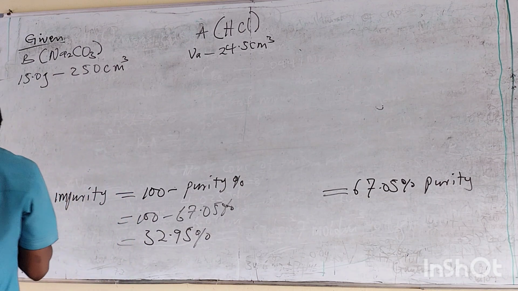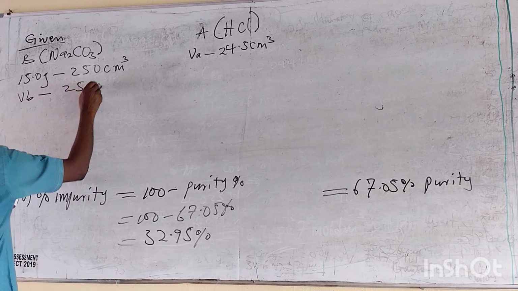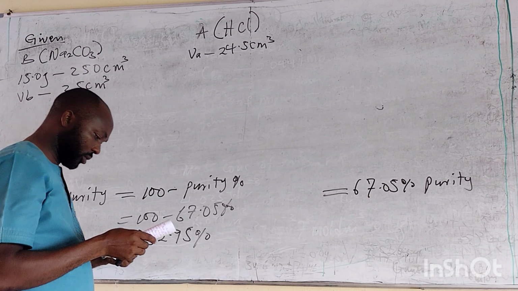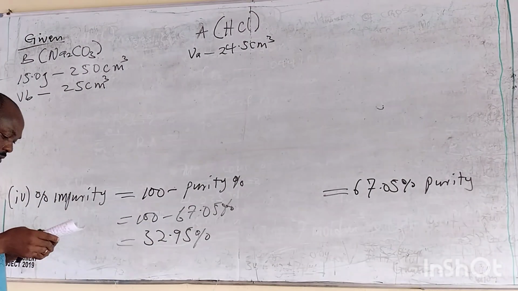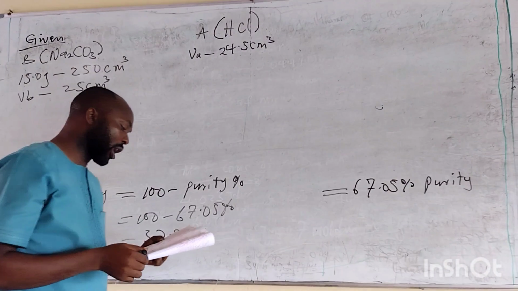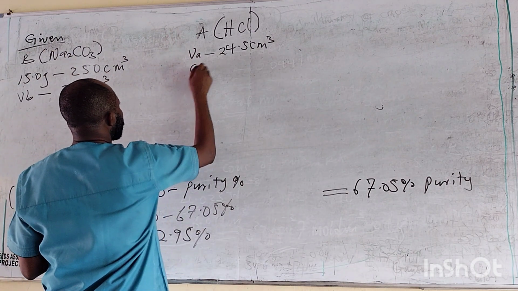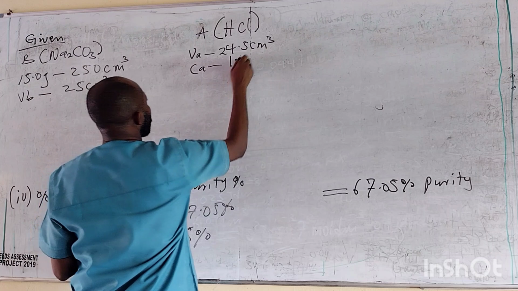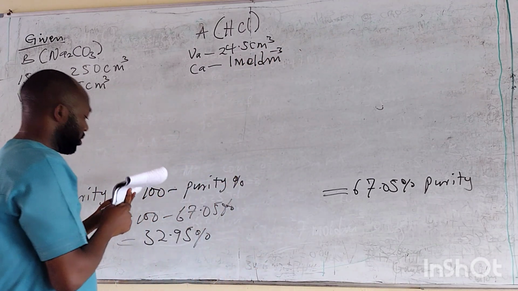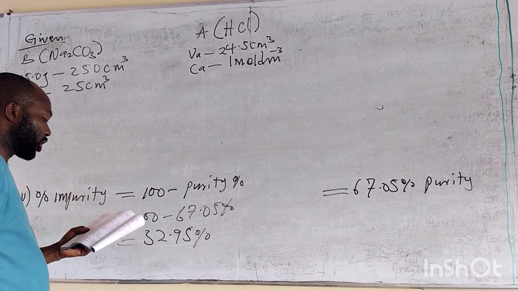And the volume of the base, VB, is 25 cm³. Now, the molar concentration of the acid is 1 mole, CA is 1 mole per dm³. So from here, we should calculate the percentage of impurities.